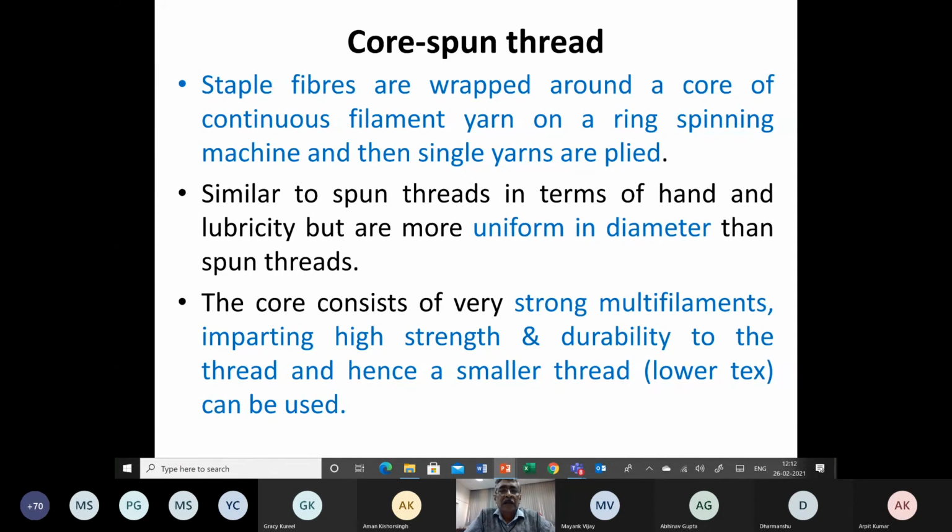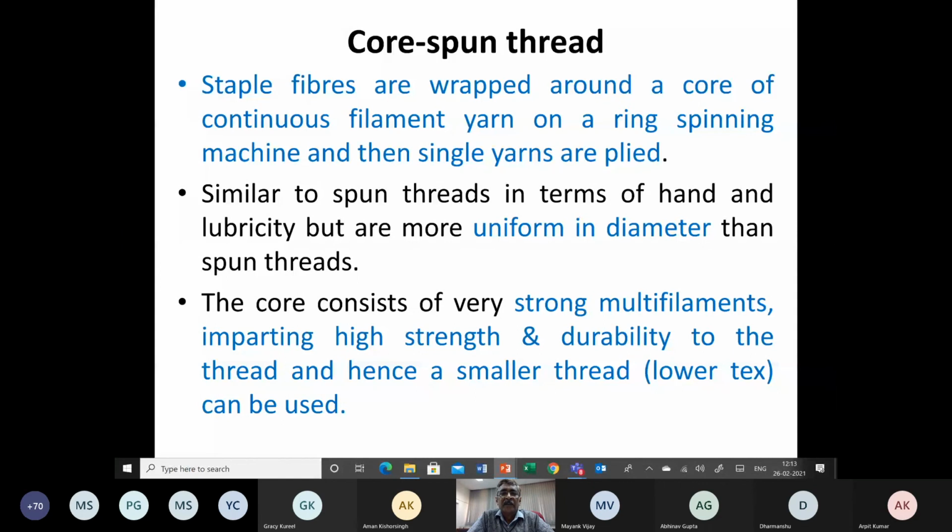When you see the surface of the core spun yarn, it looks similar to the spun thread, because on the surface you have the staple fibers. It is not a continuous filament, and to that extent, it looks like a spun yarn. So in terms of feel and lubricity, they are similar to the spun yarns, but it has a plus point.